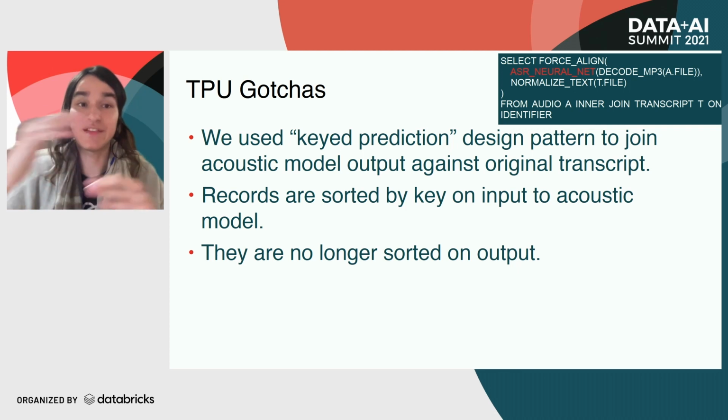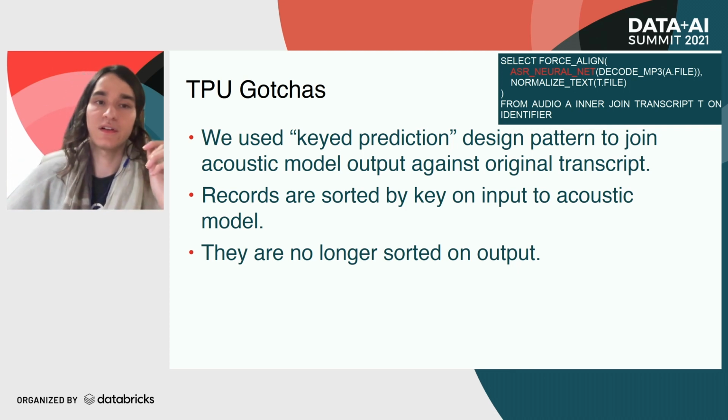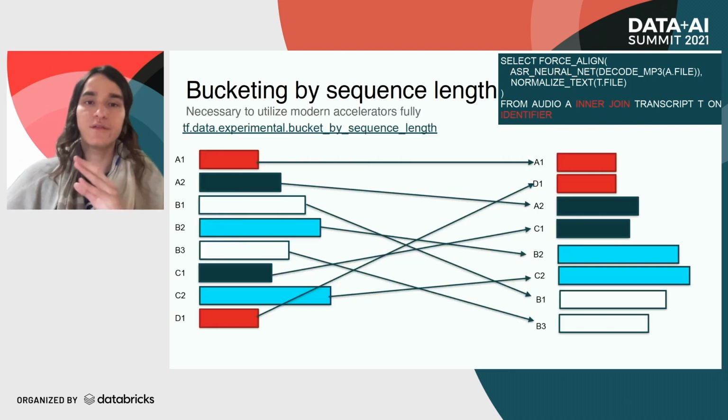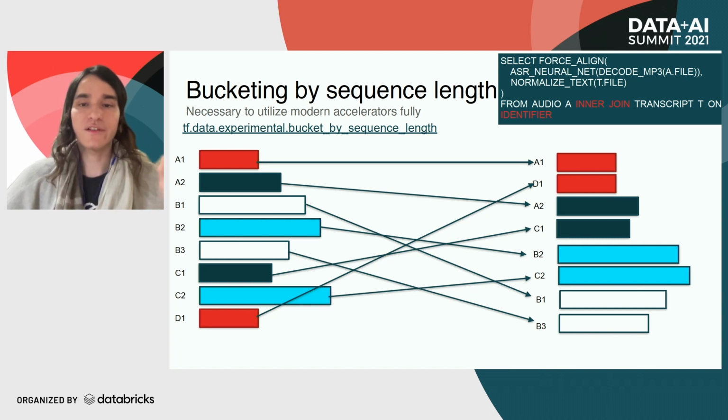And this is actually surprisingly hard to do because if you want to fully utilize a TPU, and a TPU of pod size 8 has a batch size of 1024, you essentially have to do this thing called bucketing by sequence length.